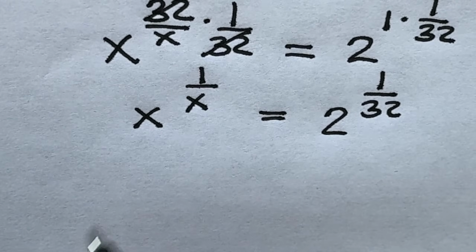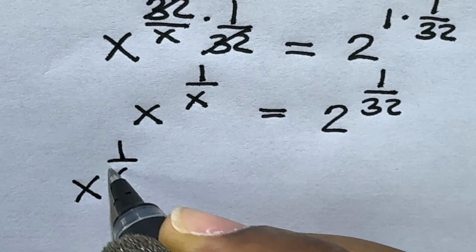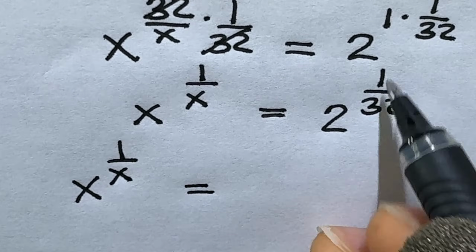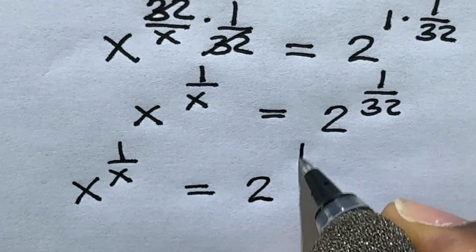At this point, we have x raised to power 1 over x is equal to 2 raised to this power here, 1 over 32.